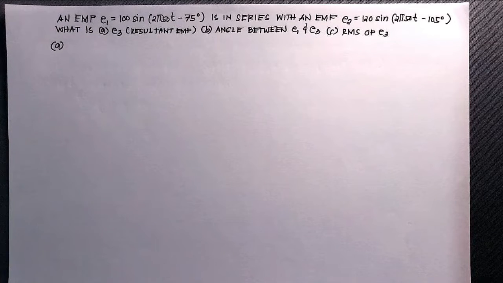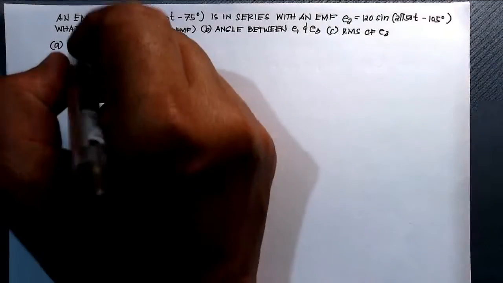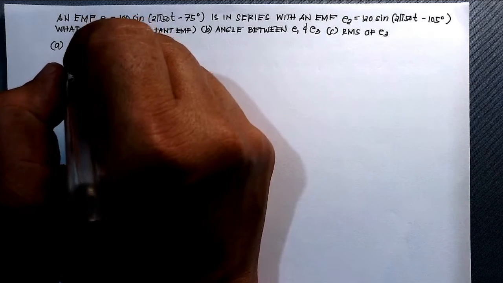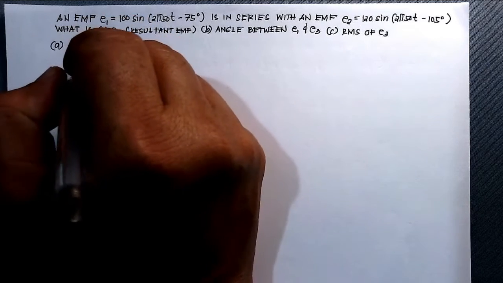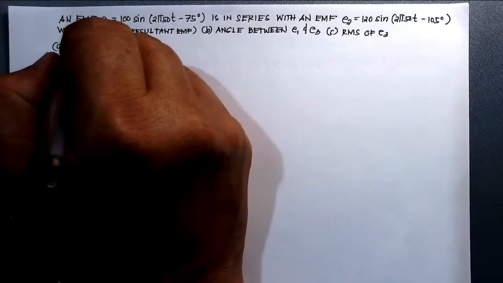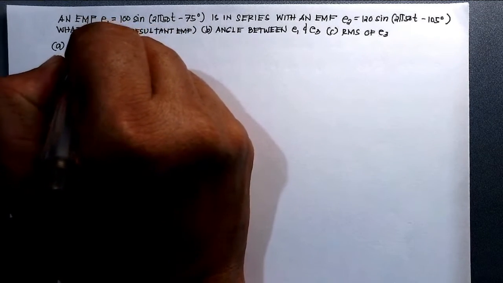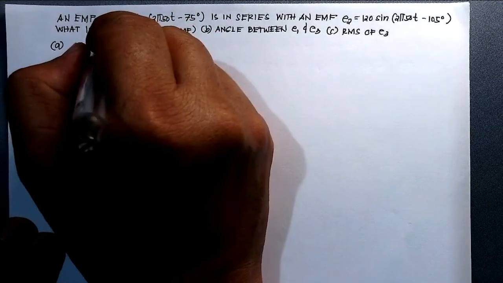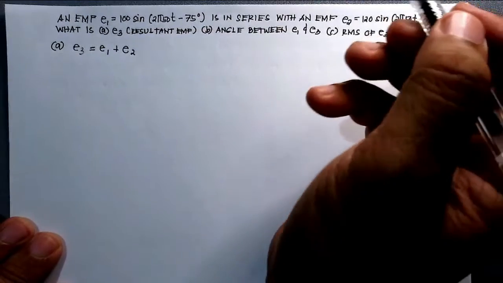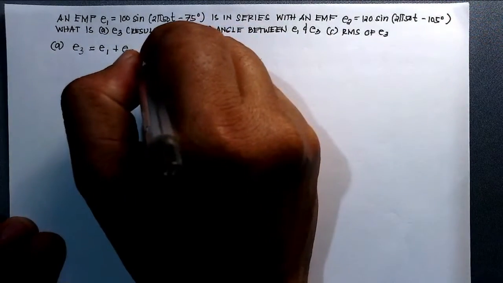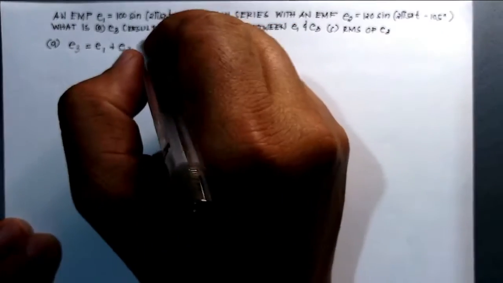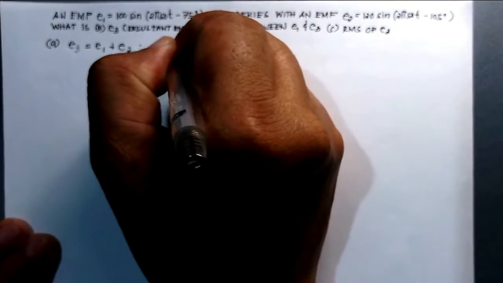So for letter A, we simply solve for E sub 1 added to E sub 2. We write here E sub 3 is equal to E sub 1 plus E sub 2. We have values for E sub 1 and E sub 2, so we just substitute them.